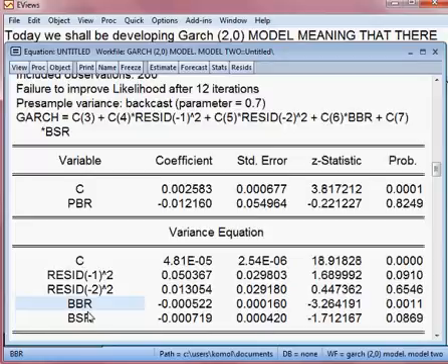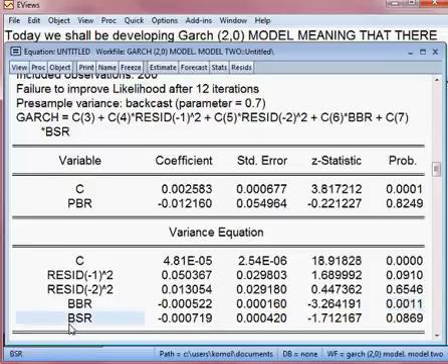Here the BBR, is it significant? Yes, it is significant because the p-value is less than 5%, meaning that external volatility, which is BBR, can influence the Indian bond return volatility.